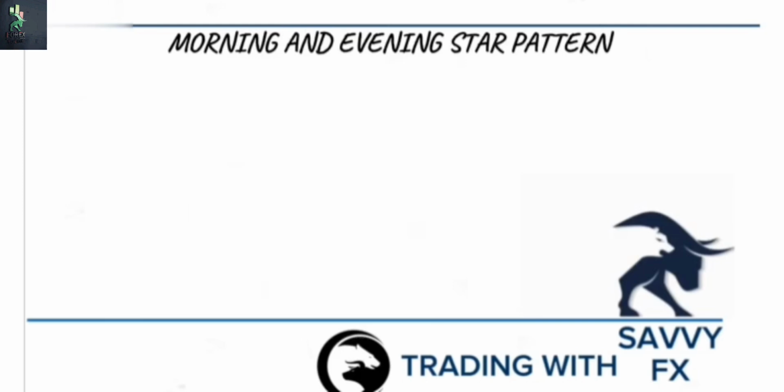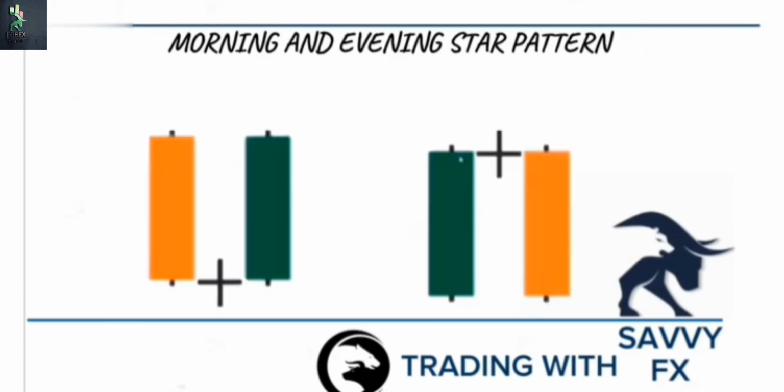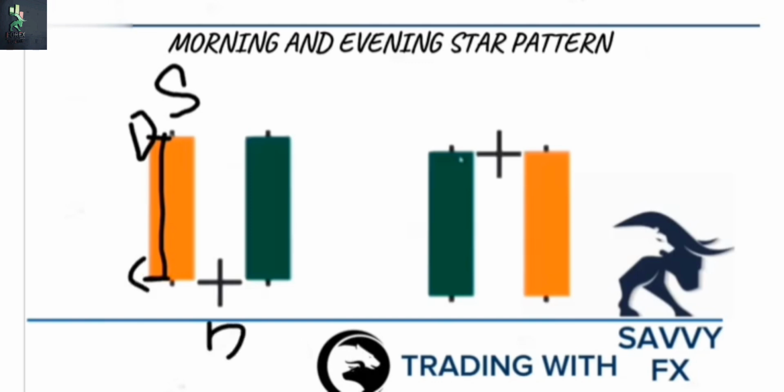The morning and evening star patterns are somewhat similar to the engulfing pattern, but slightly different. In the first candle, sellers are in control, opening here and closing near the lows. The second candle, which resembles a doji, shows indecision because the open and close are at the same level.